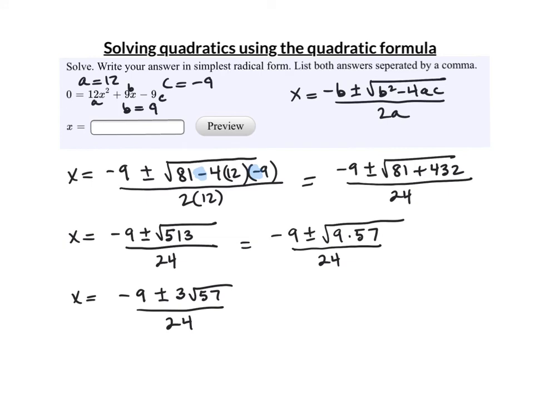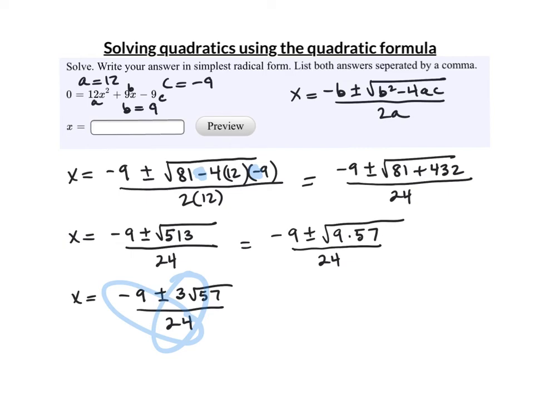Now we haven't had one like this, but this does simplify. Remember how in the previous question I showed you that you could divide? 9 does not divide by 24, and 3 does not divide by 24, but they do all have a common factor.